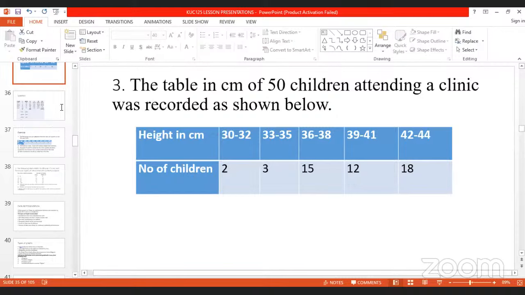Is that normal distribution? Kevin Simiyu, is that normal? Is the mean equal to the median and equal to the mode? Definitely, I doubt.